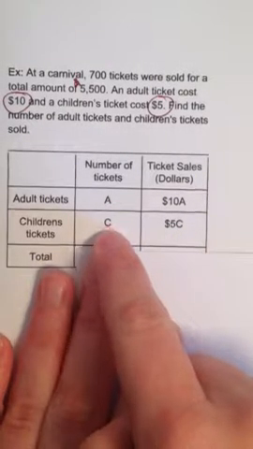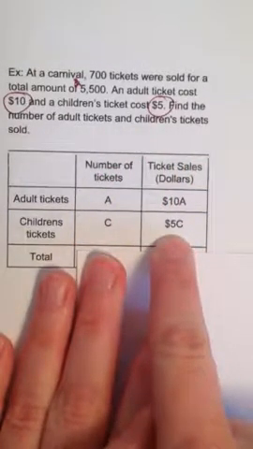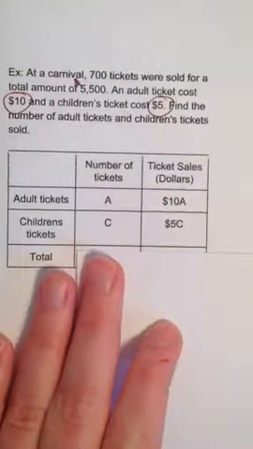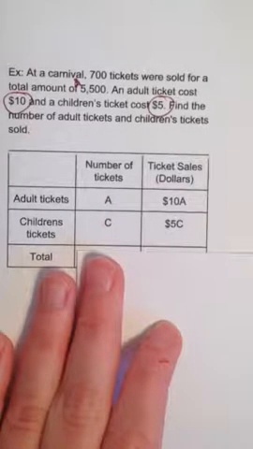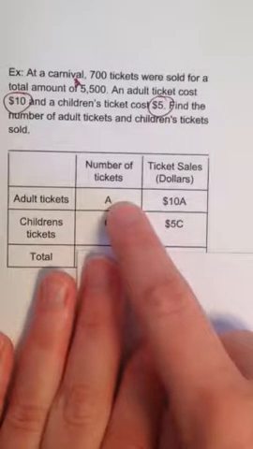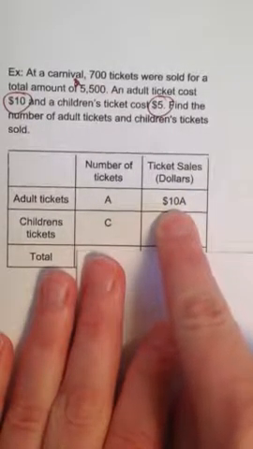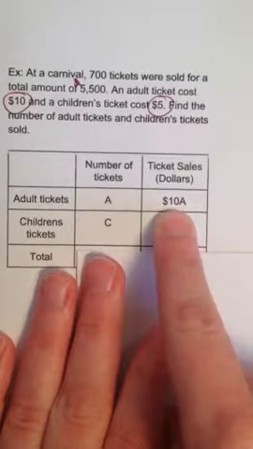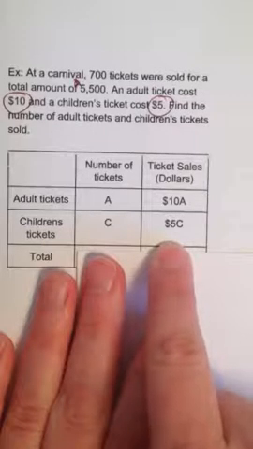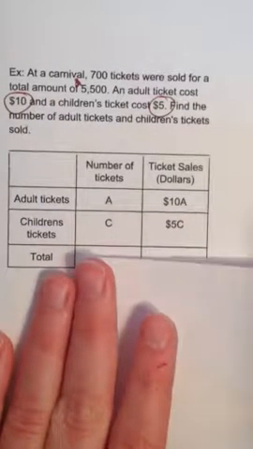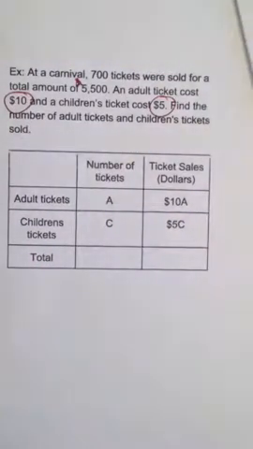So I take the number of tickets and multiply that by 5 to get the total amount that I'll make off the children's tickets. Okay, so A is the number of adult tickets, C is the number of children's tickets, 10A is the amount I'm going to make off the adults, 5C is the amount I'm going to make off the children.